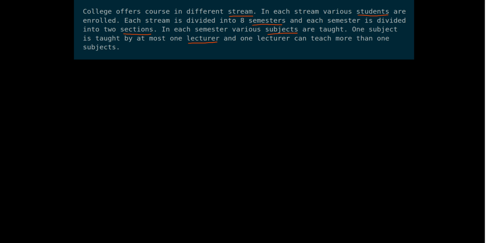So you might be thinking why I did not underline this one and this one as entity. This can be considered entity, college and course. I did not include course because the question has presented stream as a course. Instead of calling it in the sense of science, arts and commerce, it has divided the stream itself into 8 semesters.